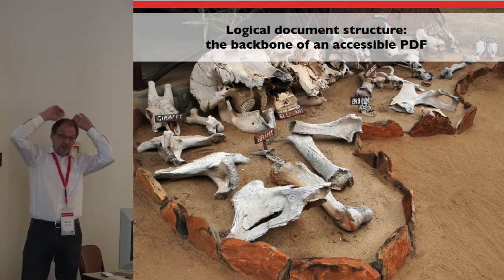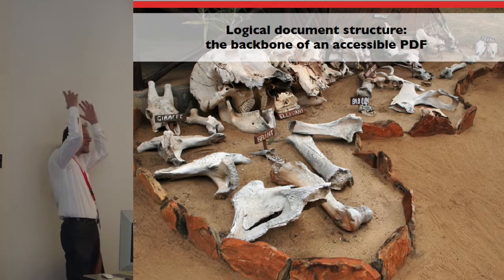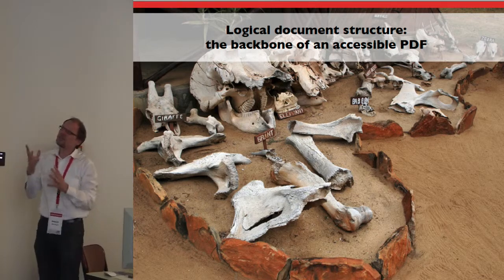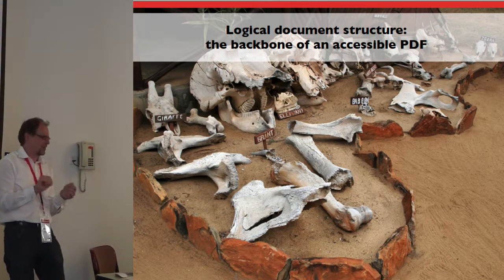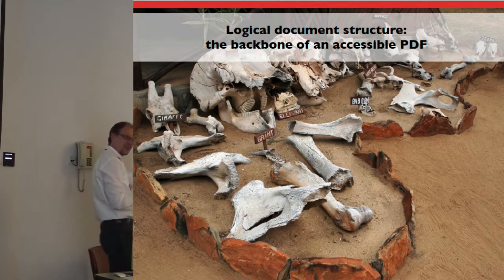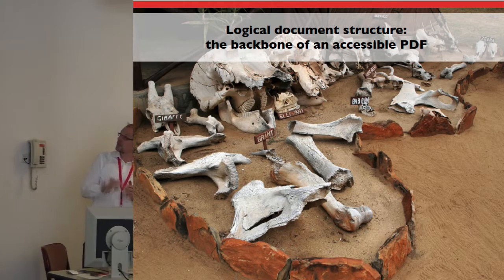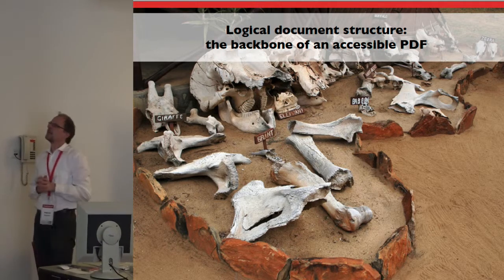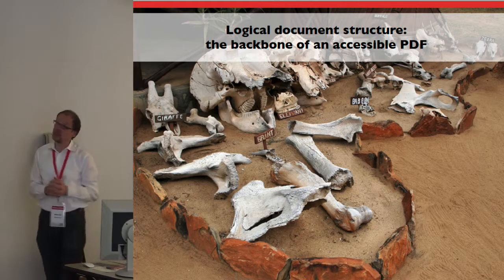I didn't know, I don't know the word in English, that these tiles here on the head are really bones. I thought they would be soft or something like that, but these are really bones. And this picture should say logical document structure is the most important part of an accessible document. It's the backbone of an accessible PDF.